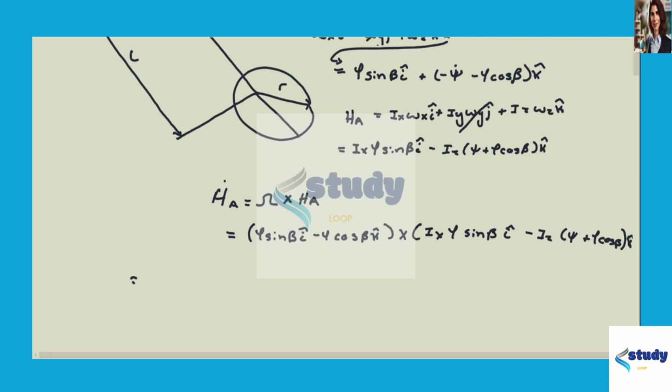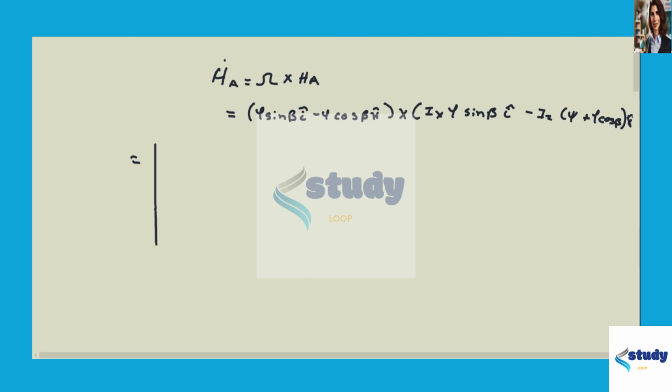And we're just going to scroll down. What we have is your i, and in your i we have phi sine beta. Here we have Ix phi sine beta, and we have 0 for your j component.